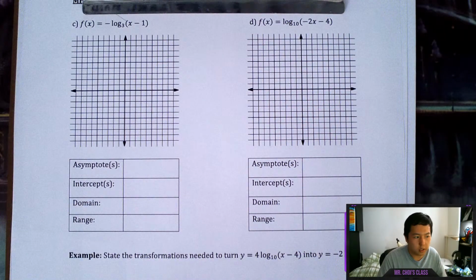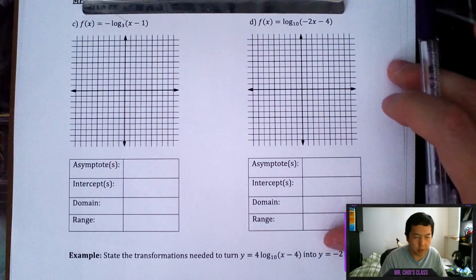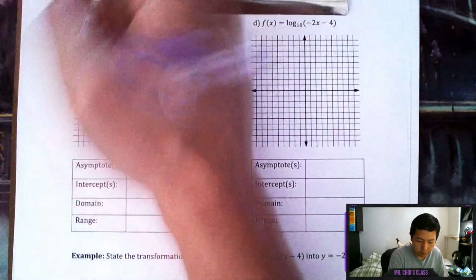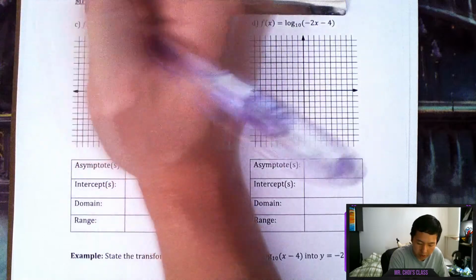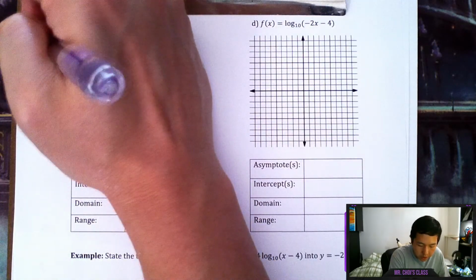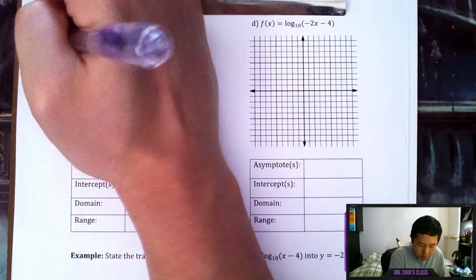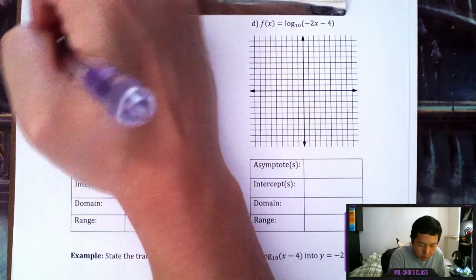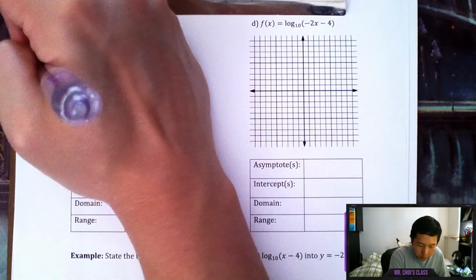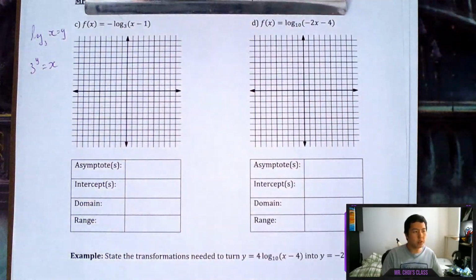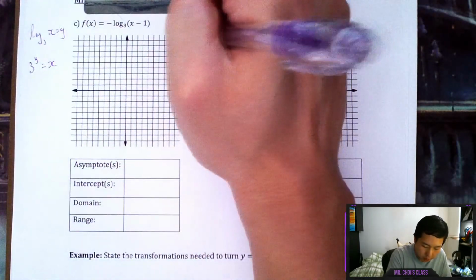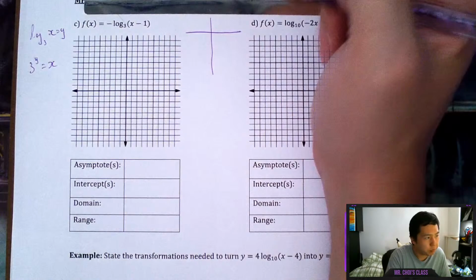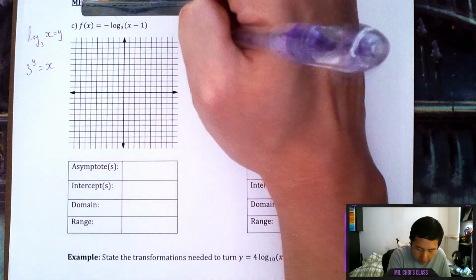So once again, on the left side, let's work with our base function, which we know as log base 3 of x is equal to y, which means 3 to the power of y is equal to x. So we can draw our table here. Let's work with our table, which we have x, y.